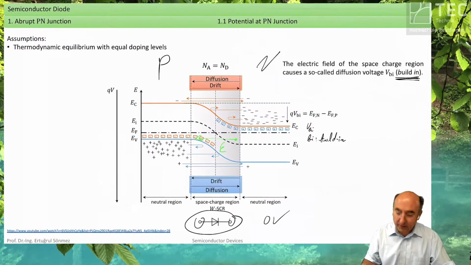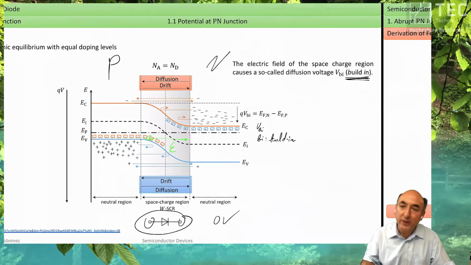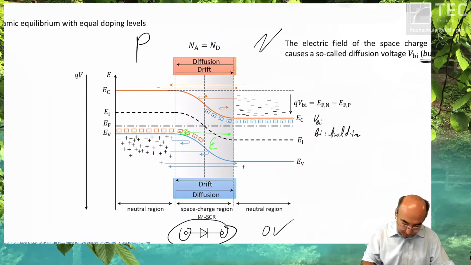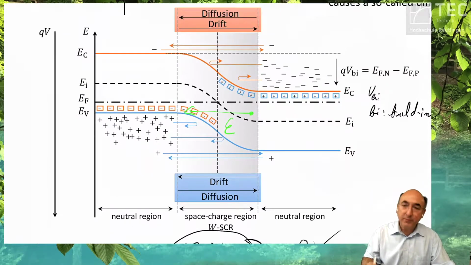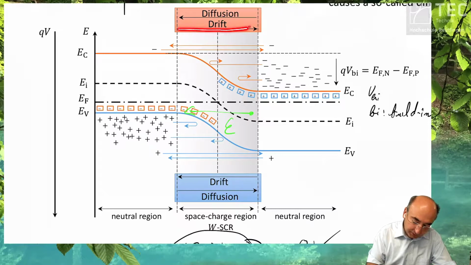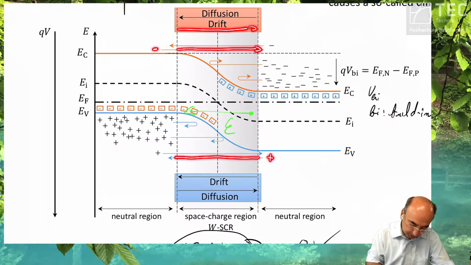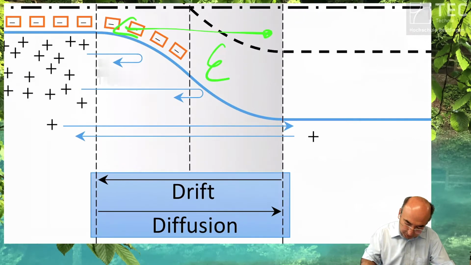Now we will take a closer look at how we quantify all that stuff. At the same time, I said, if we are in equilibrium, what does that mean? The space charge does have a force on the minorities in this direction and also on these minorities in this direction, not if they are here, but if they are occasionally just here.